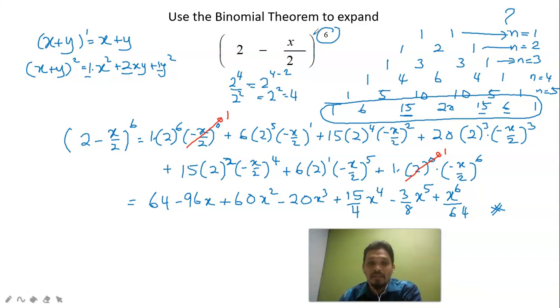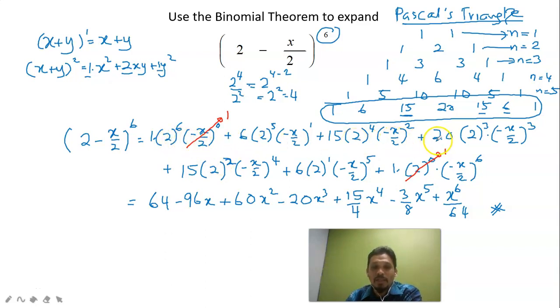But with this, what do we call this? Numbers of Pascal's triangle. With a Pascal's triangle, it helps us to find the coefficients that help us expand it.